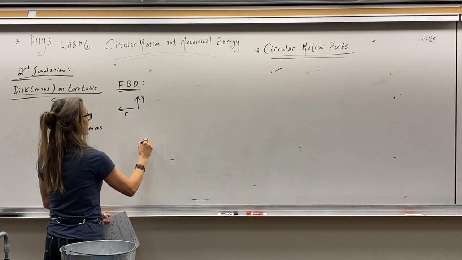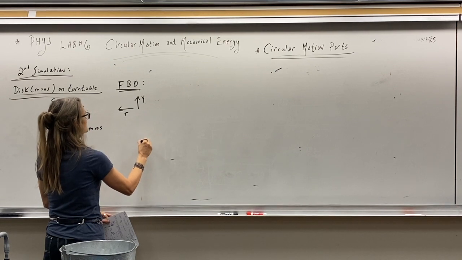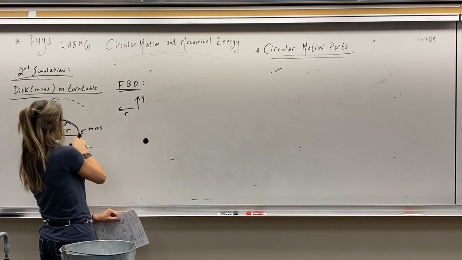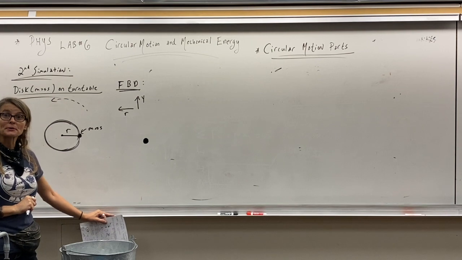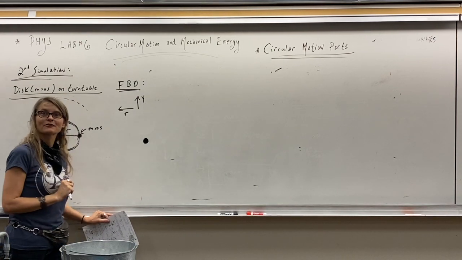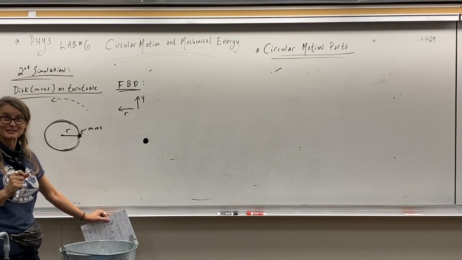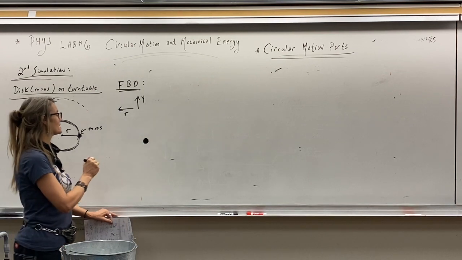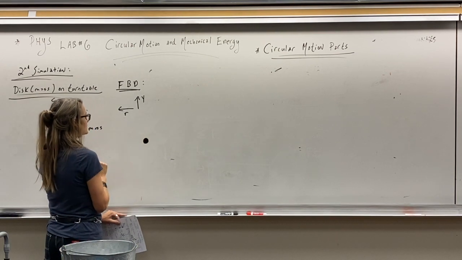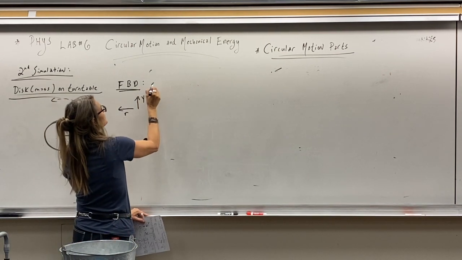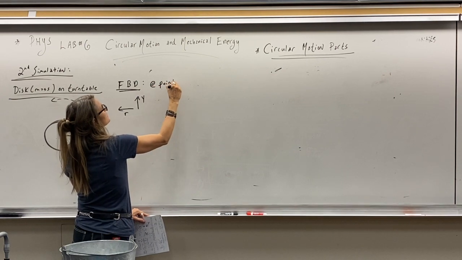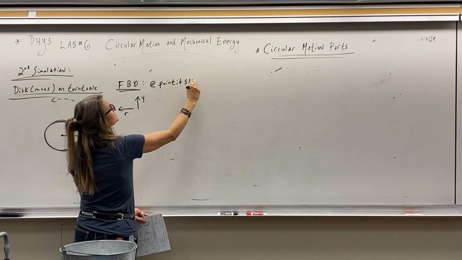This disc is sticking onto this turntable, so it's a sticking force, which will be static friction up to the point it slips, where it's no longer. So I'm going to define this free body diagram at the point it slips.